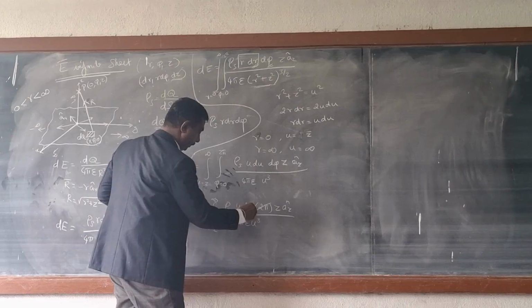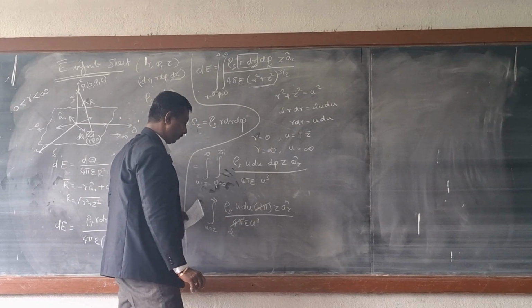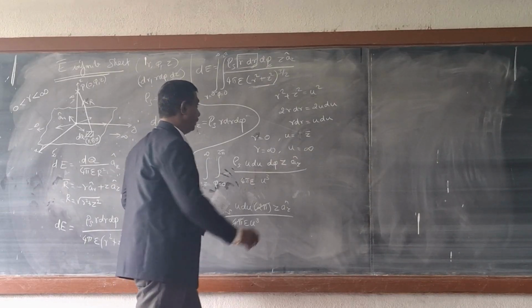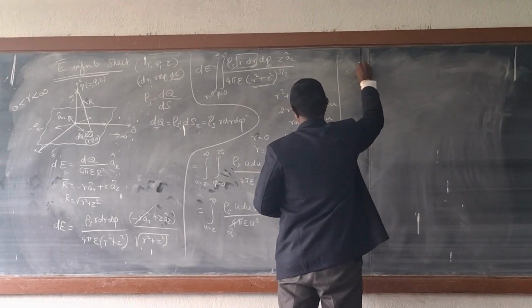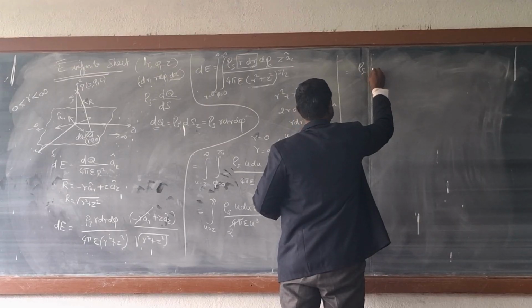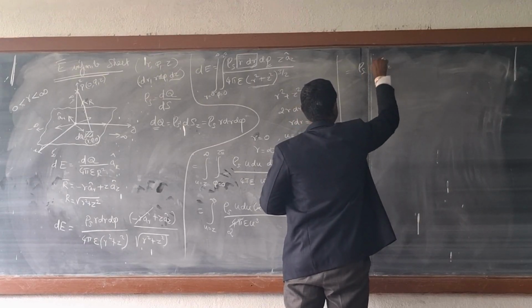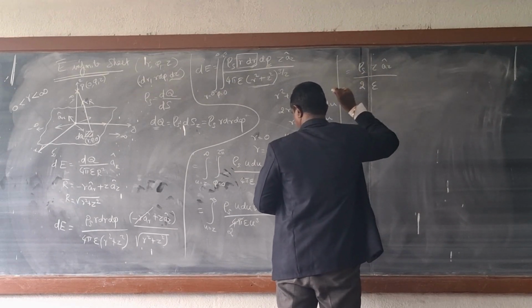So this 2 pi and this 4 pi will get cancelled. This will be 2. So the expression will be rho s Z aZ cap divided by 2 epsilon.